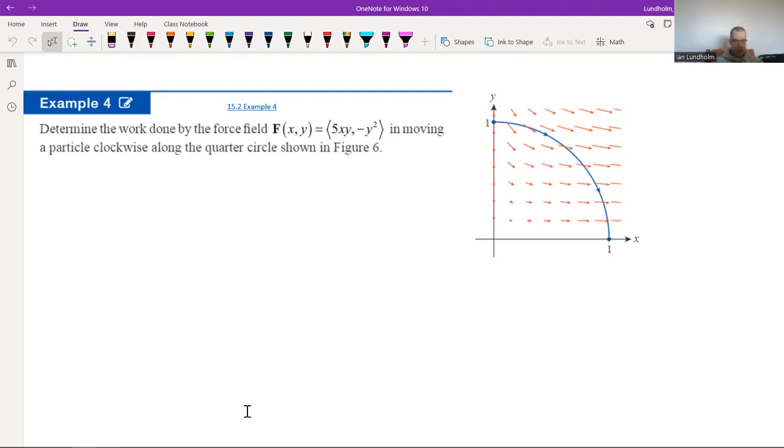Okay, so for these line integrals over vector fields, a lot of times what you'll see is F dot dr as the shorthand.